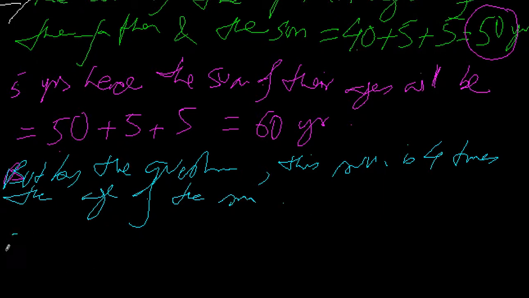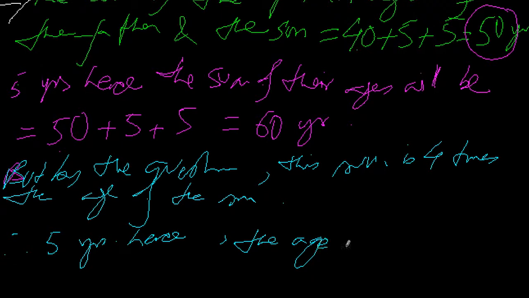So 5 years hence, the age of the son will be equal to 60 divided by 4.